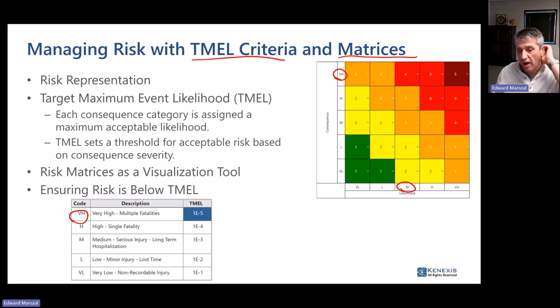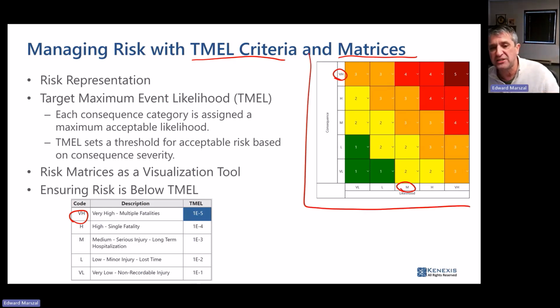Okay, so risk matrices form a very good visualization tool. TMEL has a little bit more horsepower for when we're doing our quantitative analyses, because it gives us that target number that we're going to compare our consequence frequency to.